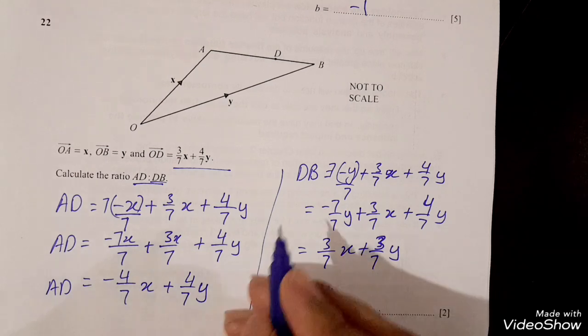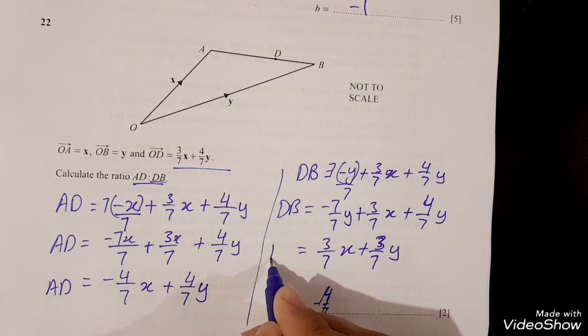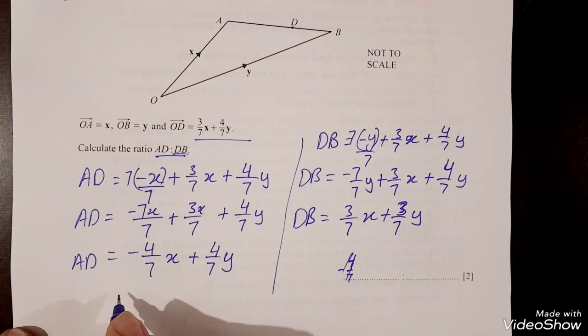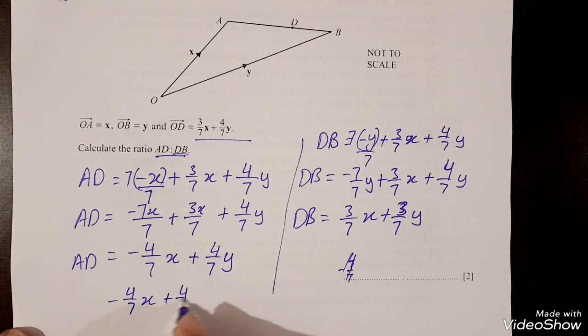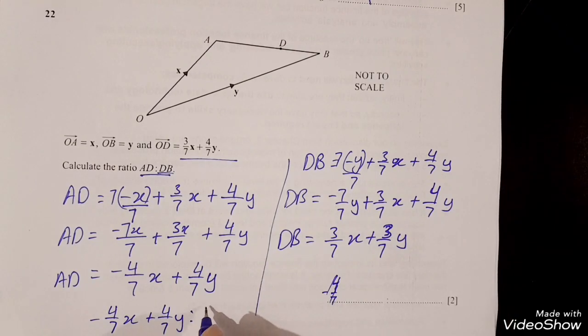Then here we will write AD and DB. So minus 4 over 7x plus 4 over 7y, to the ratio of 3 over 7x minus 3 over 7y.